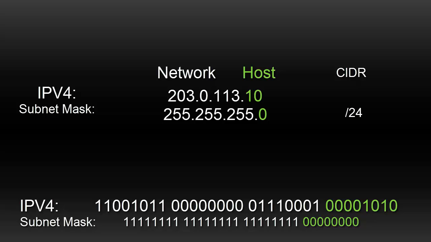This is kind of important to note, though not too much. The important thing to note is that 203.0.113 is the network portion, same thing as 255.255.255. That's the network portion. The host portion is the very last part.